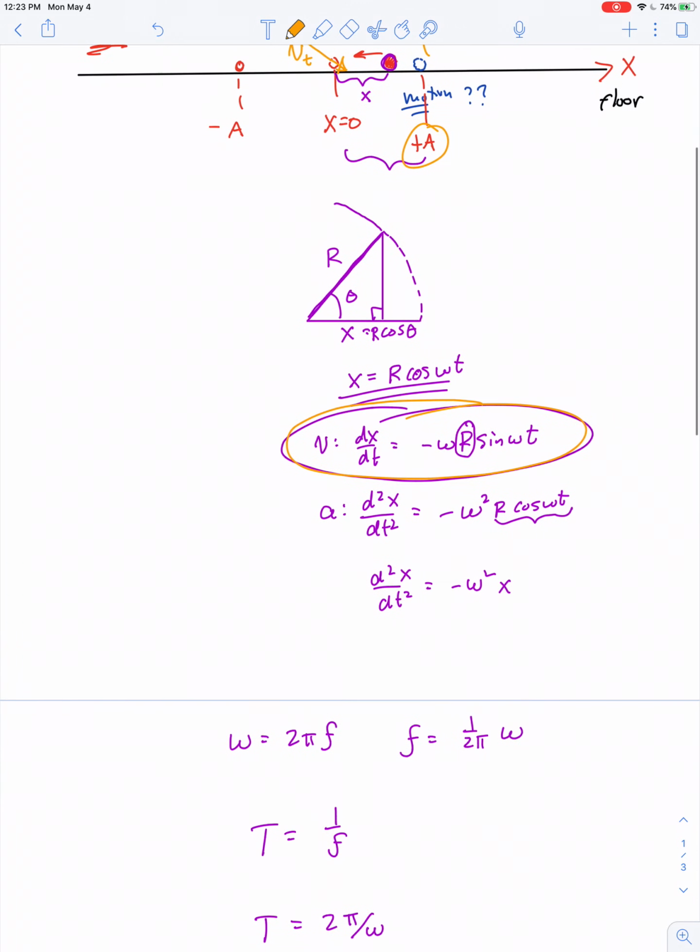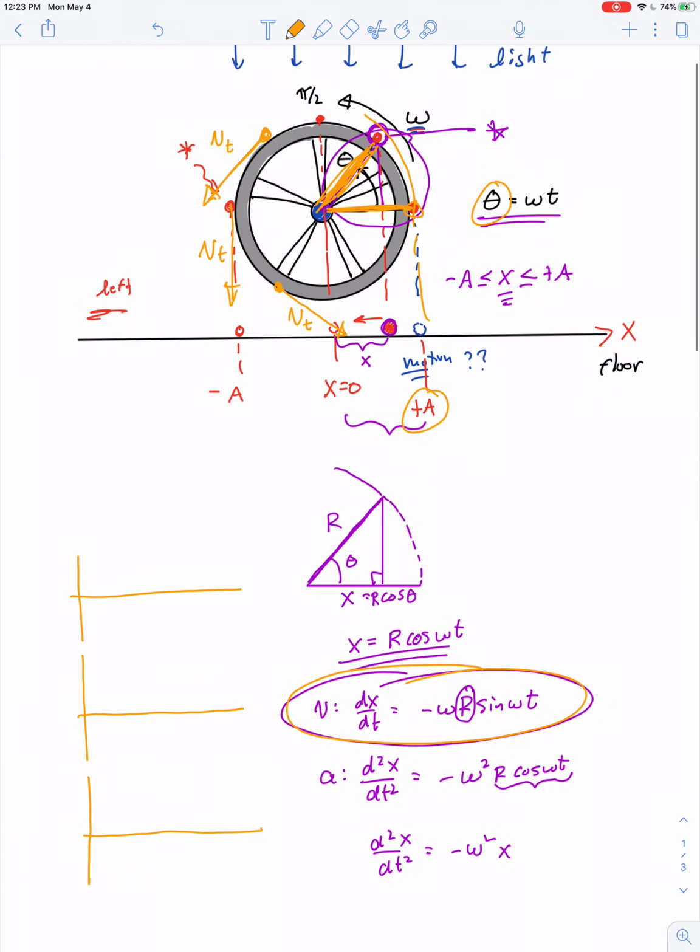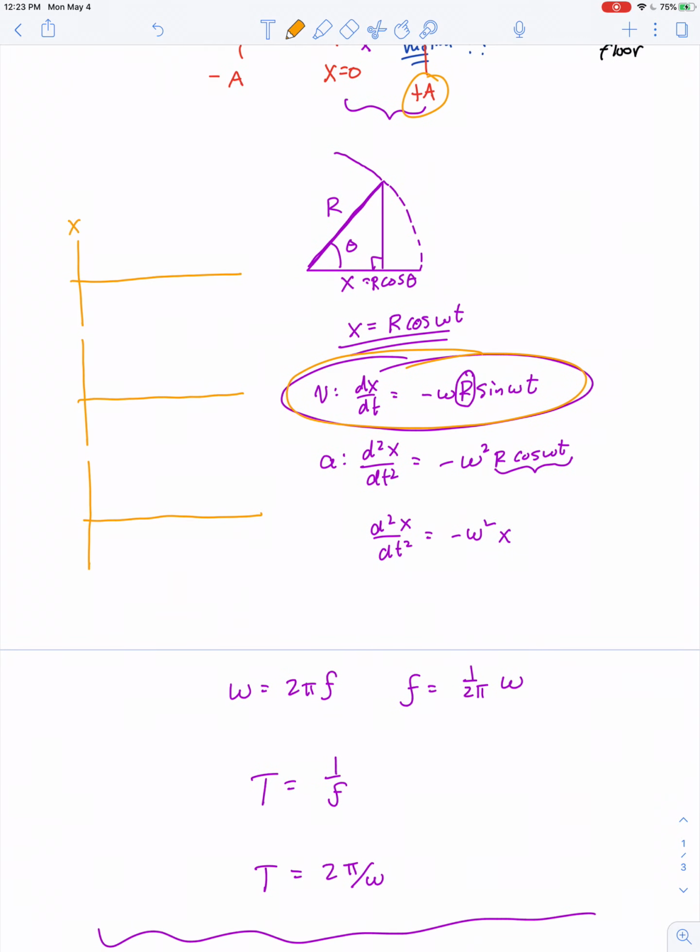We can graph position, speed, and acceleration. First the position, assuming we begin timing the moment that the object is at this point. So we'll say that's t equals 0. Then the position of the shadow on the ground as a function of time is just a graph of cosine.